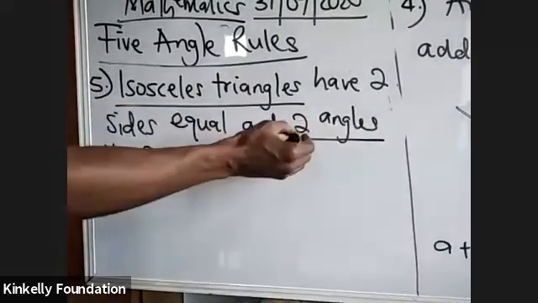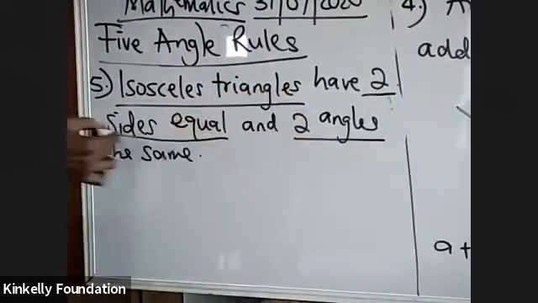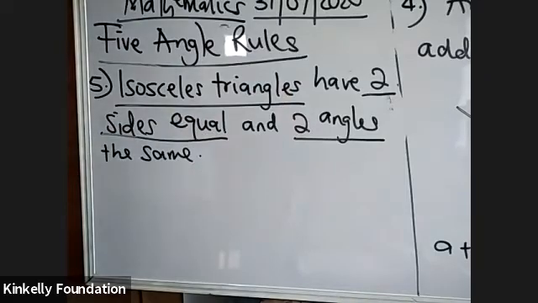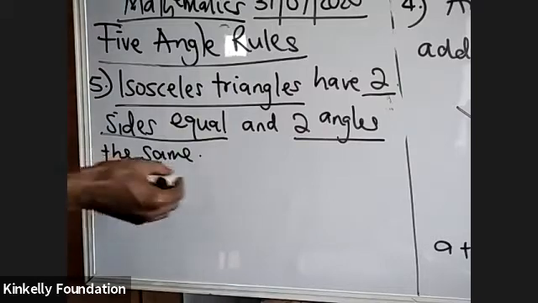Now note something about isosceles triangles, that they have two sides equal and also the two angles the same.